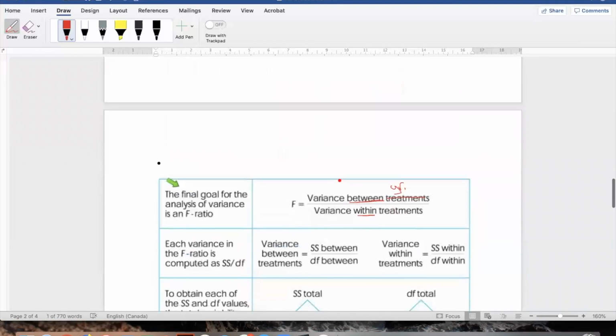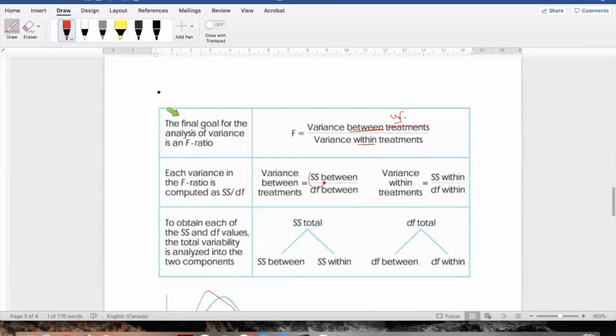I'm so sorry that I can't remember the words. It's sum of squares. Okay, so you're going to take the sum of squares between and the degrees of freedom between, which I'll show you how to calculate later, and that gives you the variance between, and then you're going to take the sum of squares within and divide it by the degrees of freedom within, and that gives you the variance within.